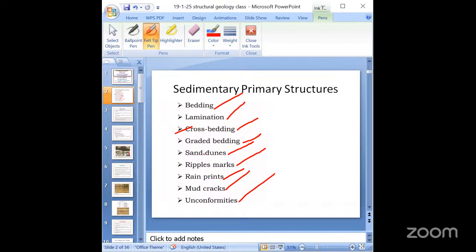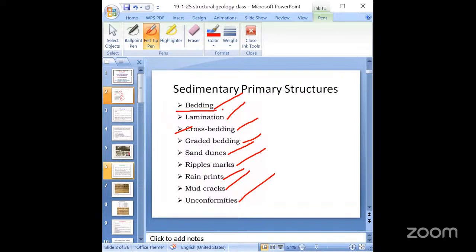Therefore, they are also termed mechanical structures, and they are inorganic in nature, right? These primary structures are significant and may help us in determining paleocurrent conditions, rate of supply of sediments, mode of transportation, environment of deposition, and also the top and bottom of beds. Now we are going to go through them one by one.